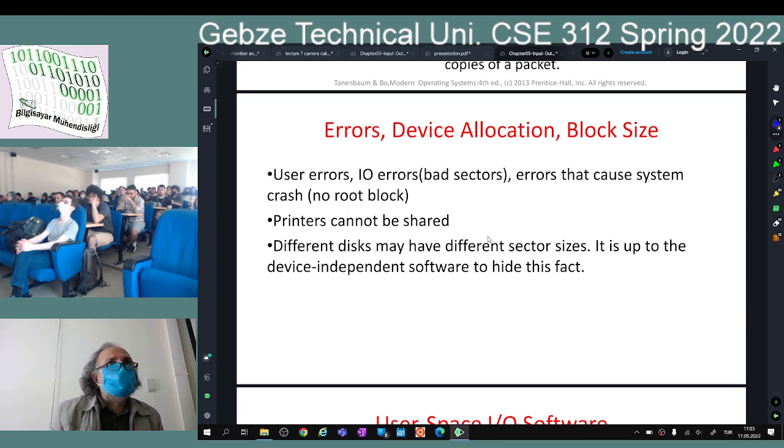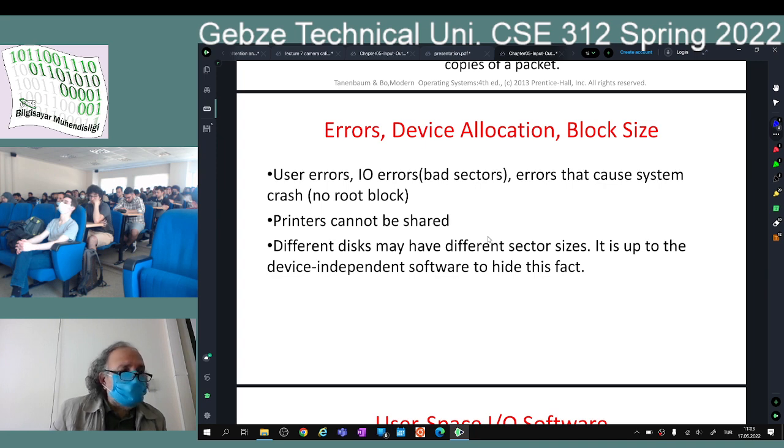Usually, we don't like to reflect these problems to the end user. You don't want to say to the end user that there is a bad sector in this hard drive, so I am going to abort whatever you are doing. No, we don't want to do that, because bad sectors are part of life for the operating system.